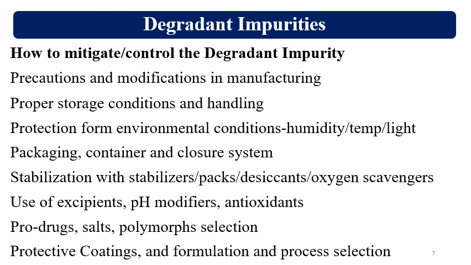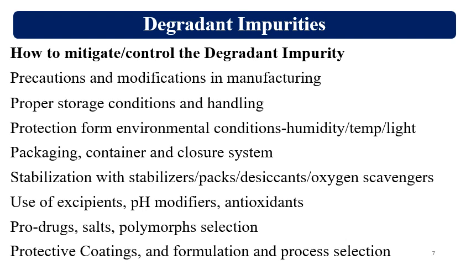You can also take precautions and do modifications in the manufacturing. If you know the impurity generation pathway, based on that, precautions and modifications can be done in manufacturing. Then proper storage conditions and handling. Protection from the environmental conditions like humidity, temperature and light. If you know that your product is light sensitive, then use sodium vapor lamp in the manufacturing and use opaque packaging materials.